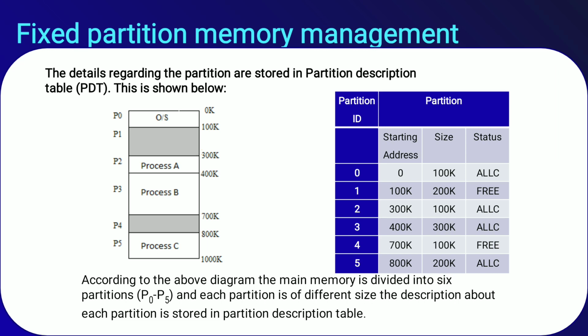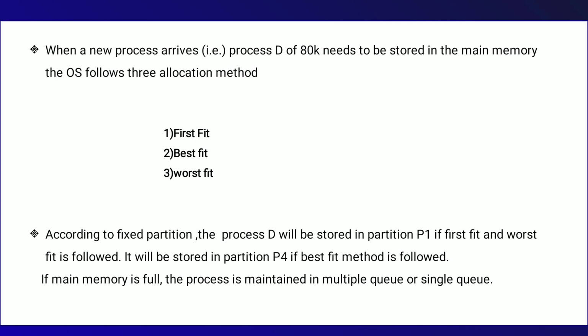Each partition has a different size. The partition description table stores information about the particular process. The allocation mechanisms followed in fixed partition main memory are first fit, best fit and worst fit.